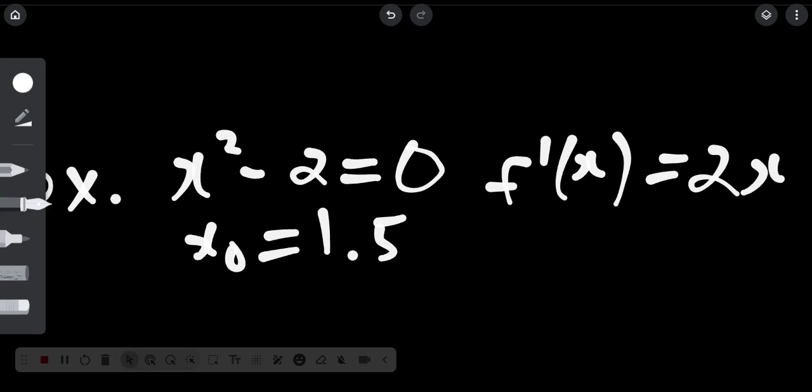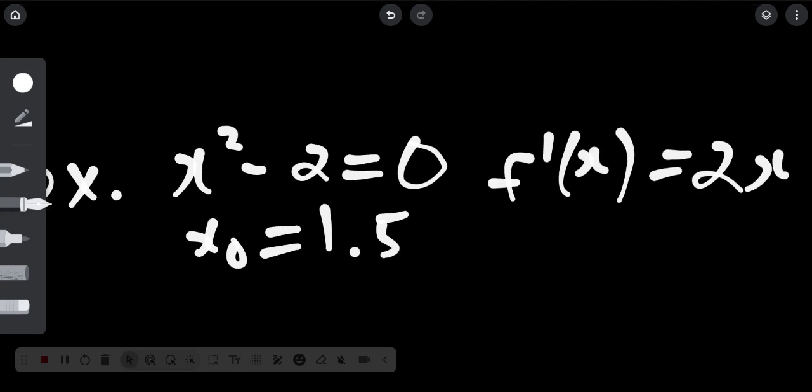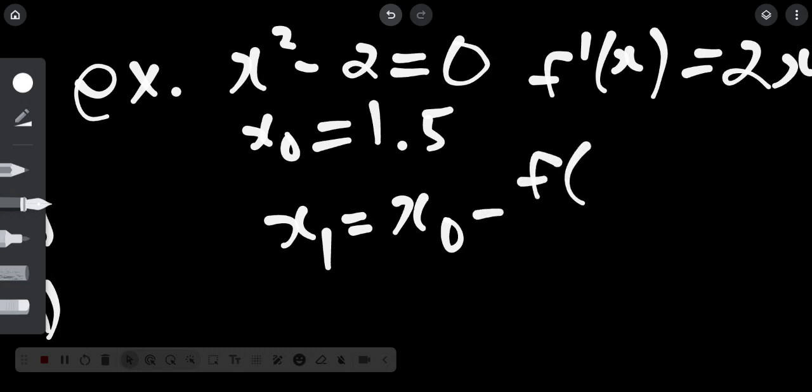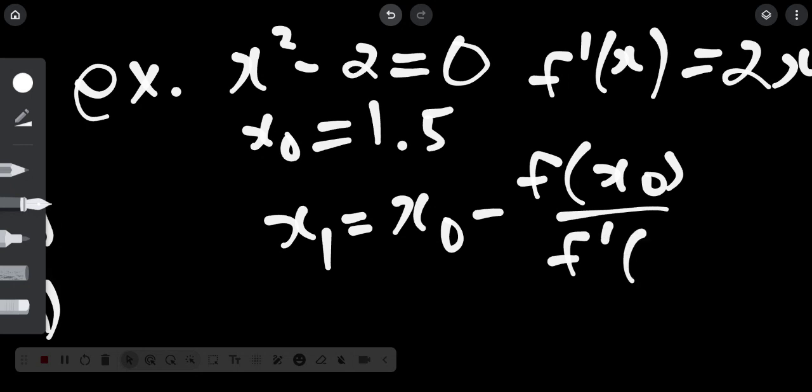And if we do the process, x sub 1 is equal to x sub 0 minus f of x sub 0 over f prime of x sub 0.